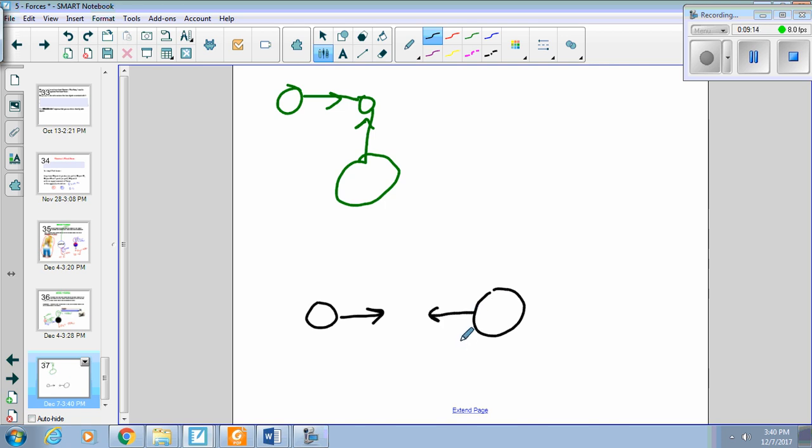It's that one. They're equal but opposite, right? There's the force pair. Only thing is they're attached to the string. So whenever we have tension between two objects, we're going to have a force pair.